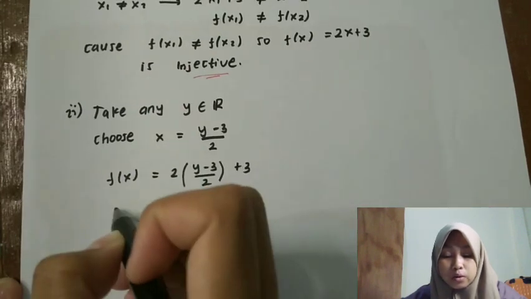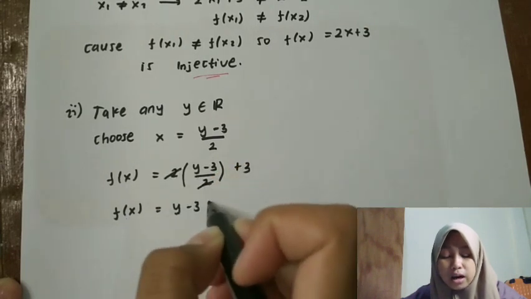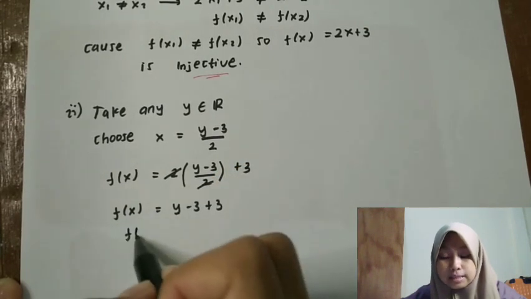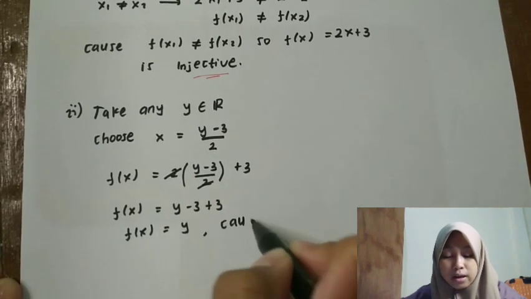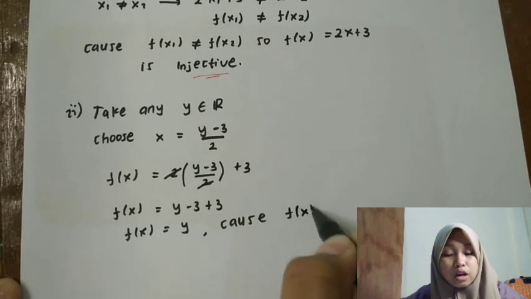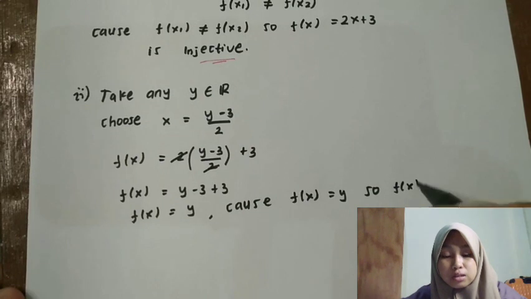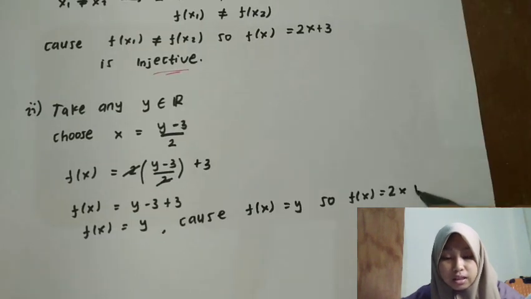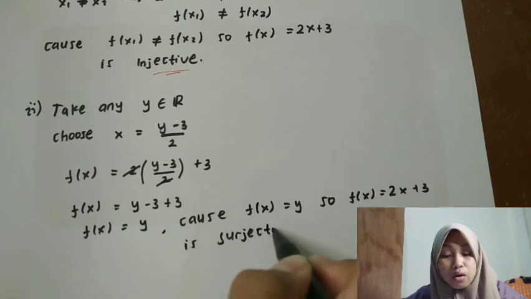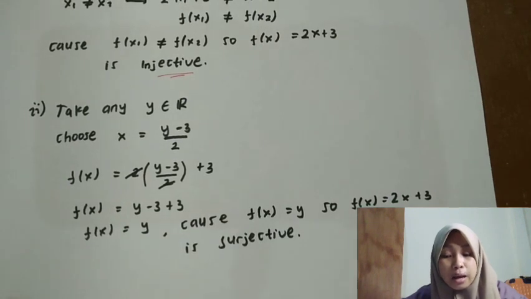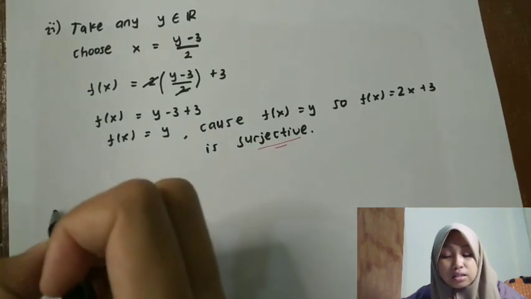We can cross out the 2 with the 2, so f(x) = y - 3 + 3. So we get f(x) = y. Because f(x) = y, f(x) = 2x + 3 is surjective. This fulfills the surjective condition that for every y element of the real numbers, f(x) = y.